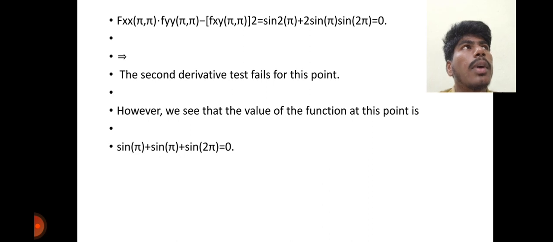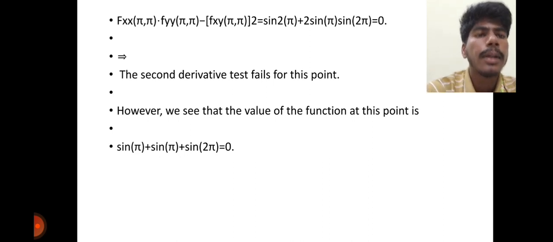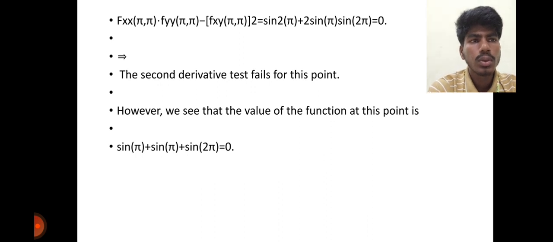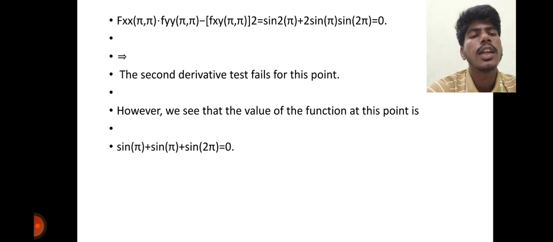F of x comma y at pi comma pi, that equal to 2 sin 2 pi plus 2 sin of pi into sin 2 pi, that equal to 0. The second derivative test fails for the points.